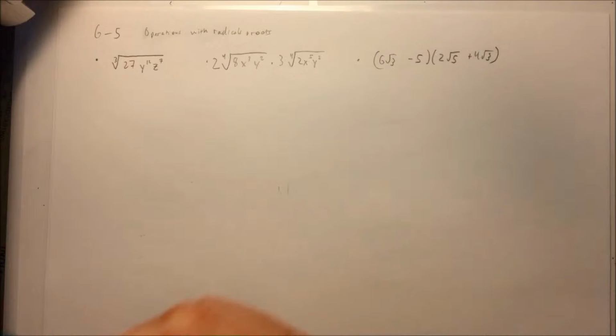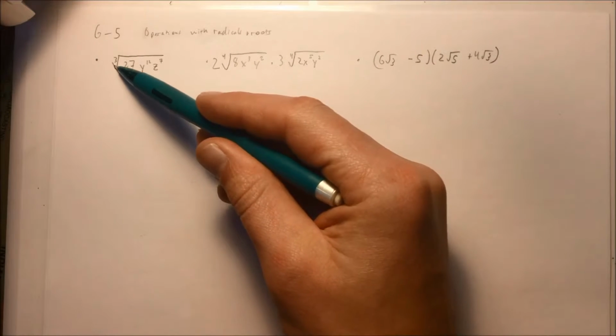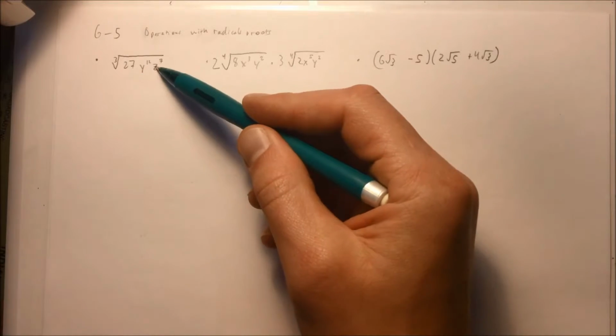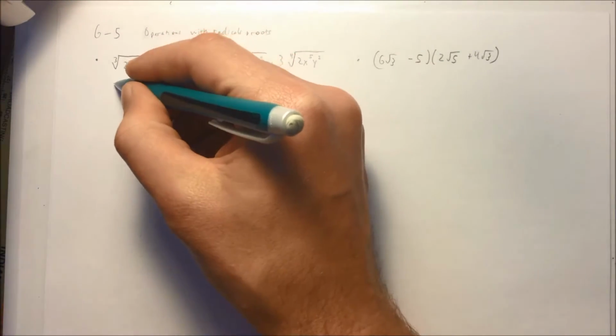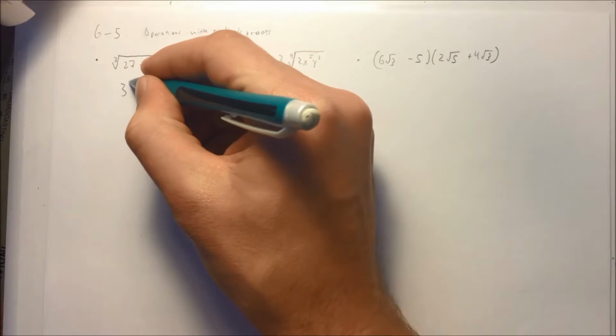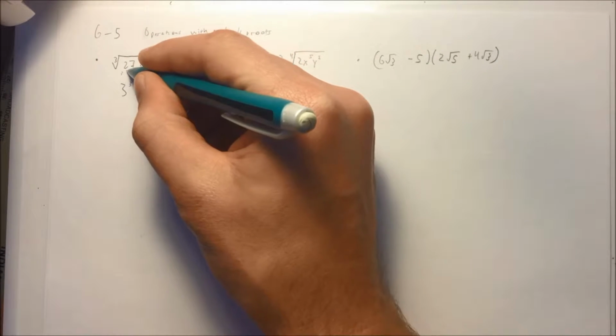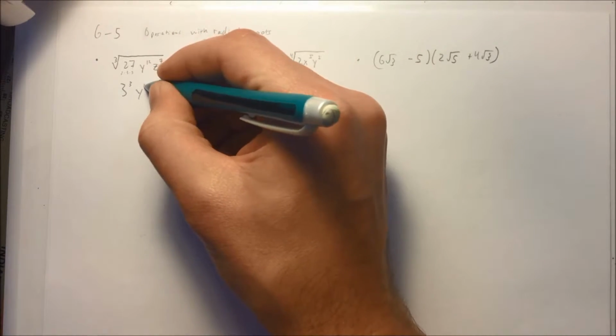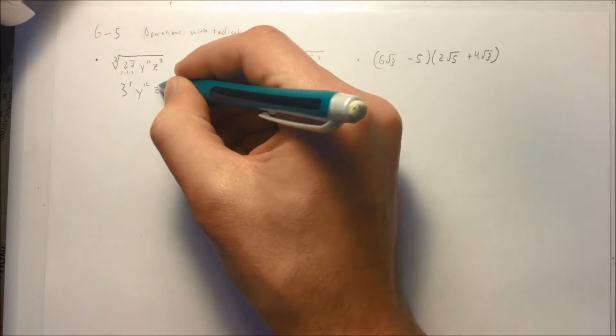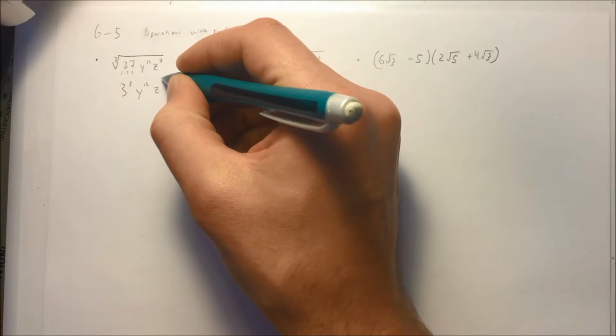So, start right here with the cubic root of 27y to the 12th, z to the 7th. I'm going to rewrite this as 3 to the 3rd, because 3 times 3 times 3 is 27. 3 to the 3rd, y to the 12th, then z to the 7th.